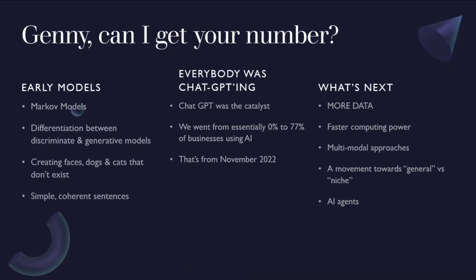And that started off not only in making simple coherent sentences, but also in generating some images like dogs and cats that had never been seen before, or even people's faces, which I remember when that happened and everybody freaked out, right? Oh my gosh, this thing can create people that have never been around ever. And everyone sort of panicked because you could create faces that had never been around.